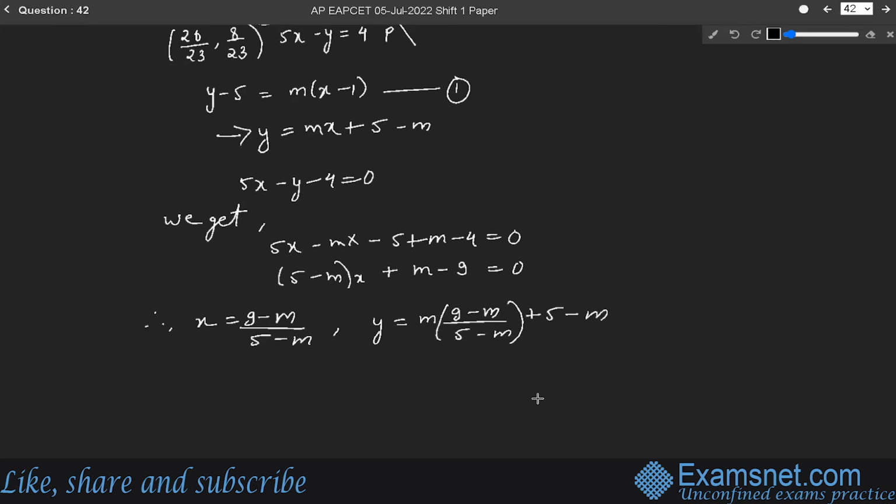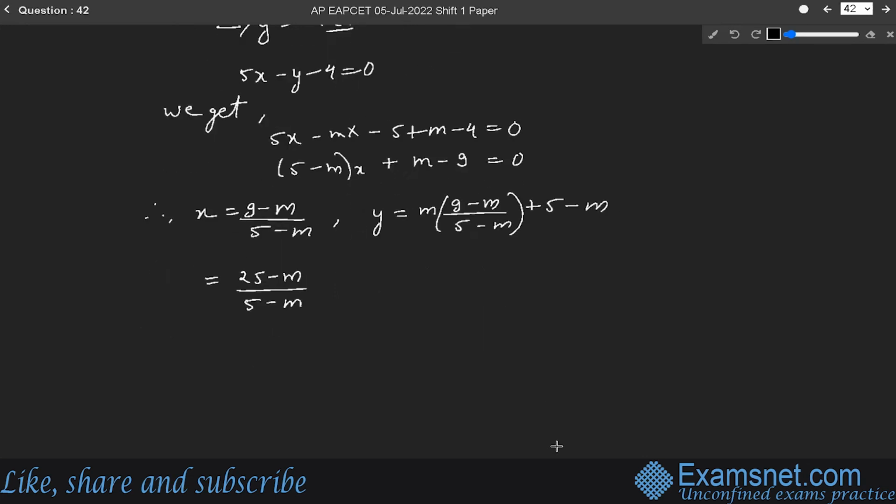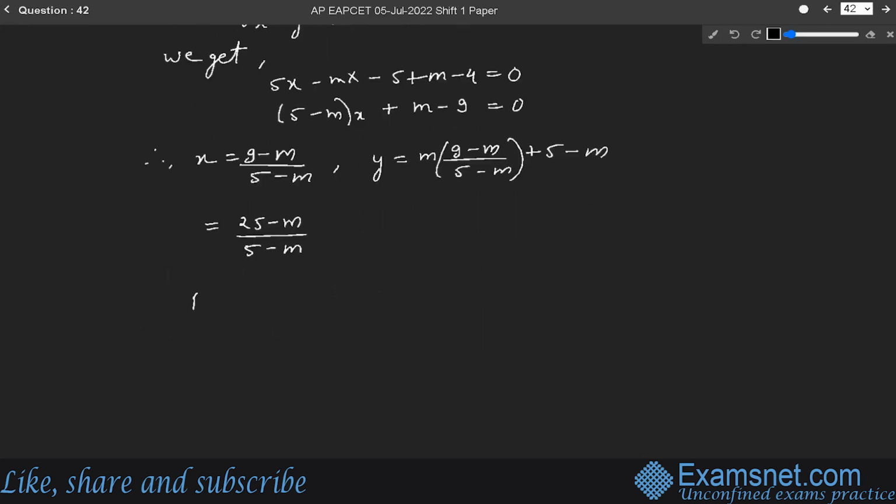We know that in this equation, if we put the value of x, then y will be equal to m into 9 minus m upon 5 minus m plus 5 minus m, which is equal to 25 minus m upon 5 minus m. Therefore, we can say that the coordinates of P will be 9 minus m divided by 5 minus m and 25 minus m divided by 5 minus m.